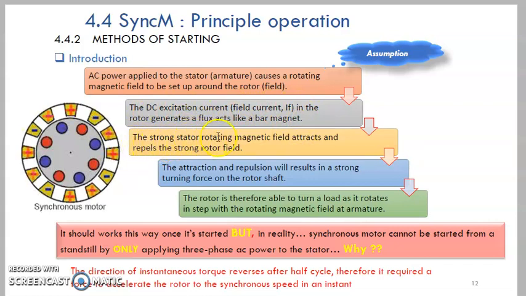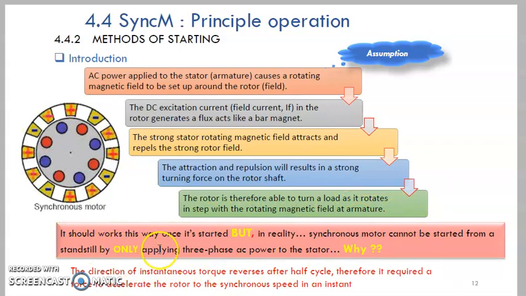The strong rotating magnetic field attracts and repels the strong rotor field. So the attraction will push or pull the internal magnetic field bar to follow your external rotating field, and the rotor is therefore able to turn in step with the rotating magnetic field of the armature.